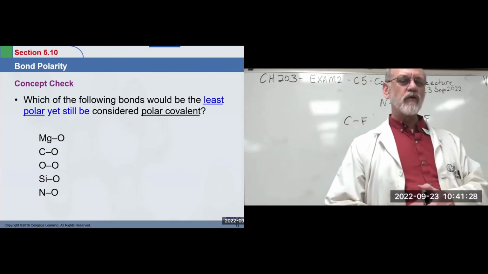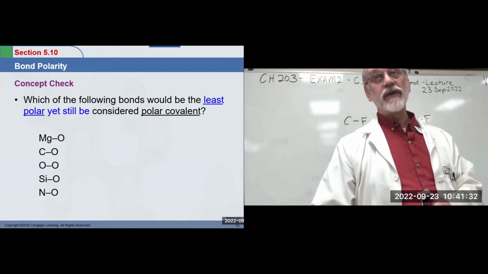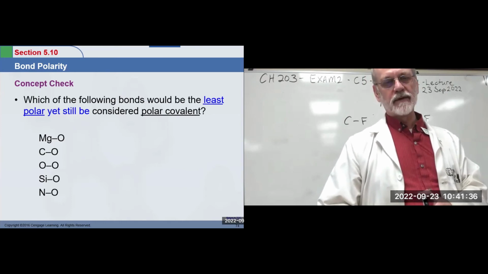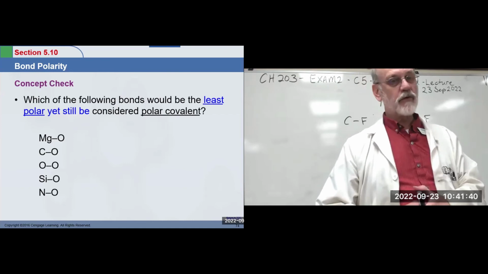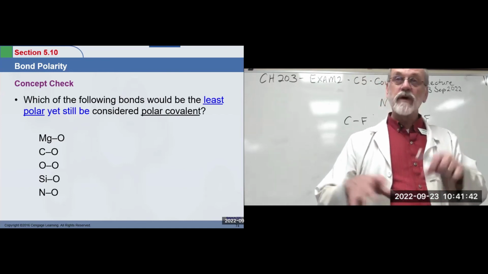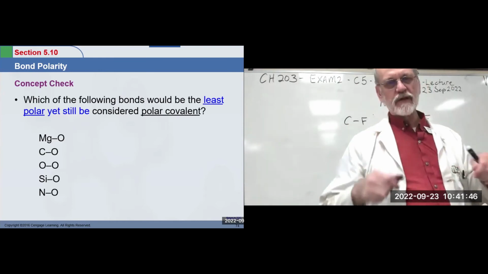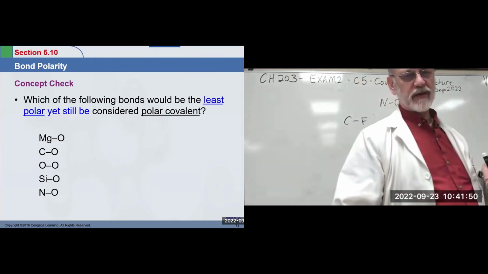All right, which ones are covalent? Magnesium oxygen is not covalent, right? That's a metal nonmetal. So we can throw that one out. Oxygen is covalent, but it's not polar. So we can throw that one out. That way we only have to deal with carbon, silicon, nitrogen. So which one will be polar covalent, but the least polar covalent?